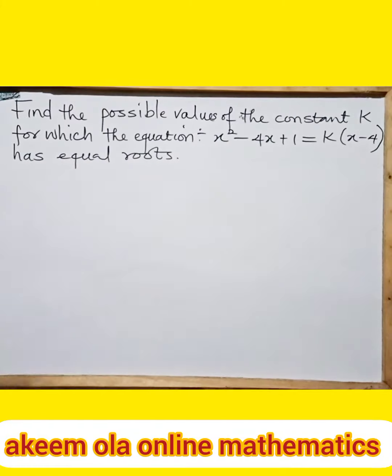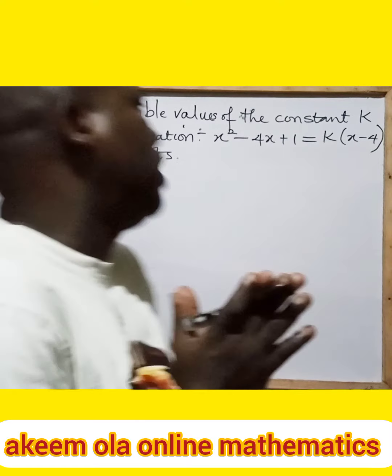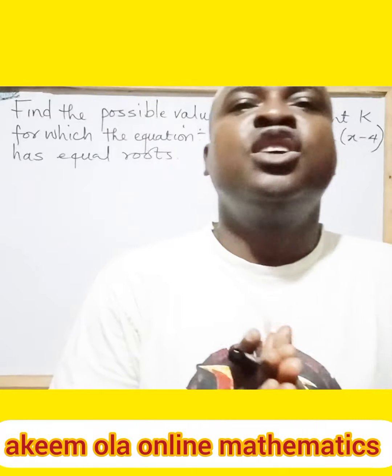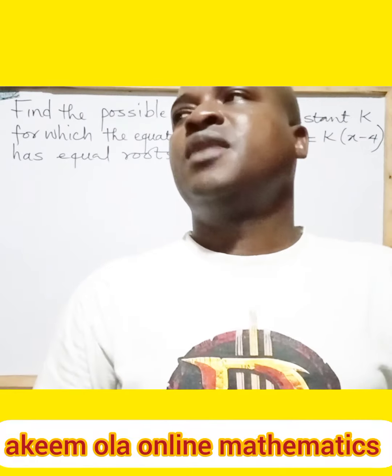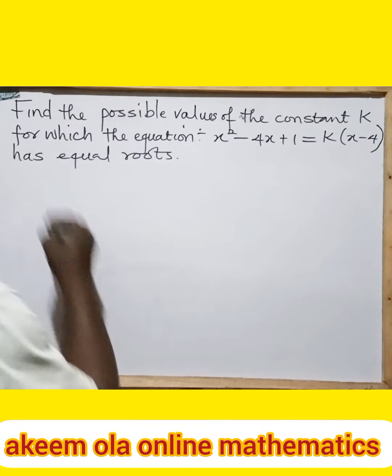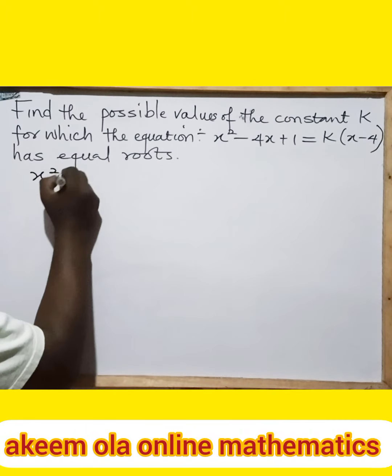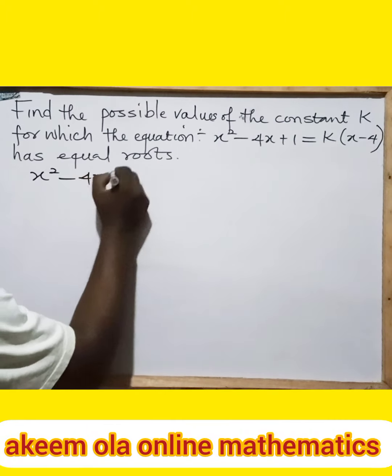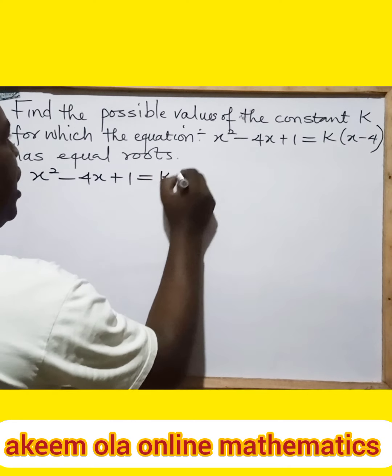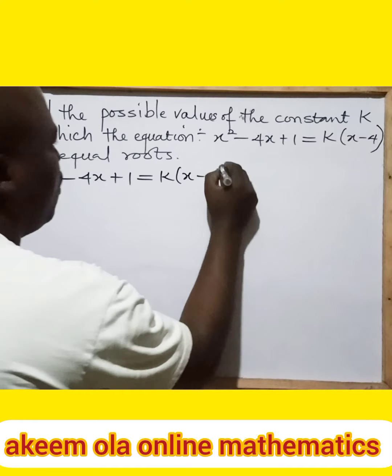Now, the first thing we need to do is to consider the equation from the question. We have x squared minus 4x plus 1 is equal to k into x minus 4.